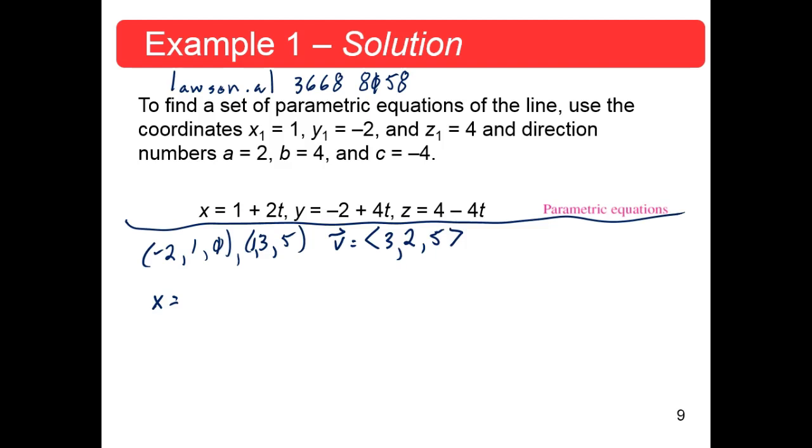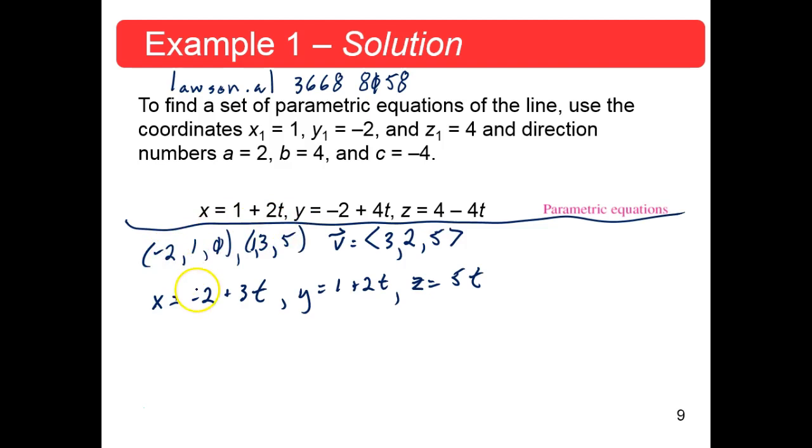I'll do it the way they did in the book, -2 plus 3t, or any other parameter you might want to choose. Their favorite is t. y is equal to 1 plus 2t, and z is equal to 5t. Okay?